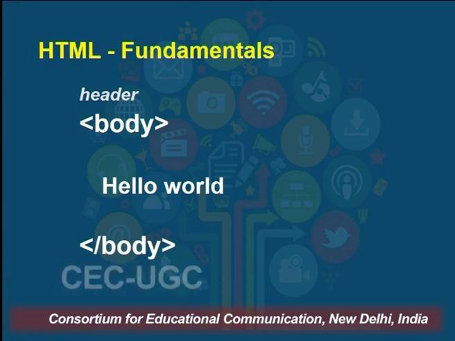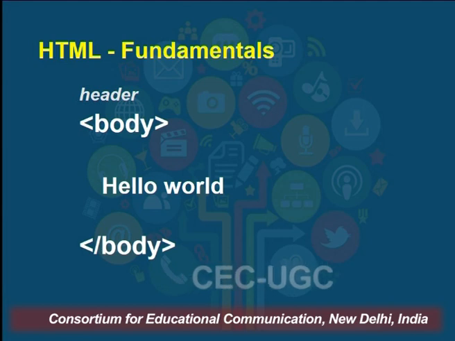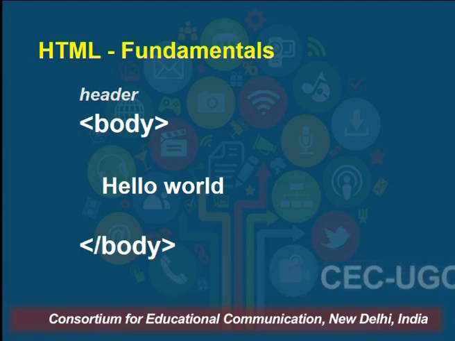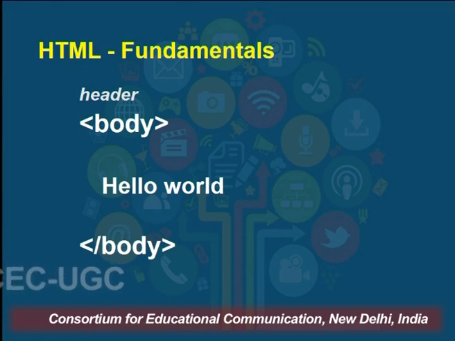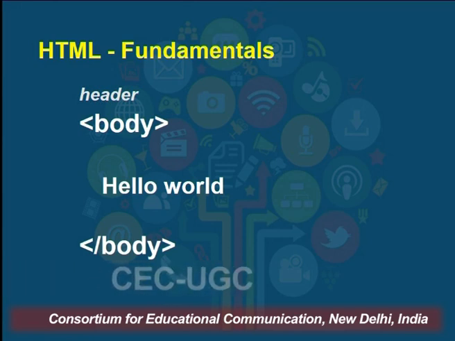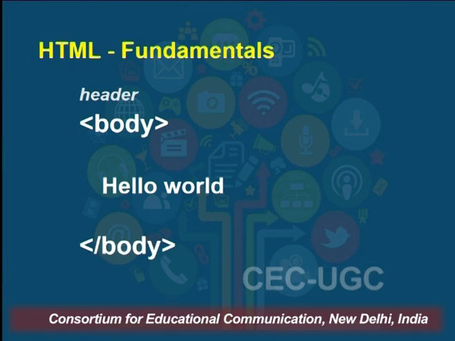What happens is that when you save a page in the HTML format, you will see that the icon of the file will be the icon of your default web browser. For example, on my system the default web browser is Google Chrome. So whenever I save the file as an HTML file, the icon of the file will be like that of the Google Chrome icon.